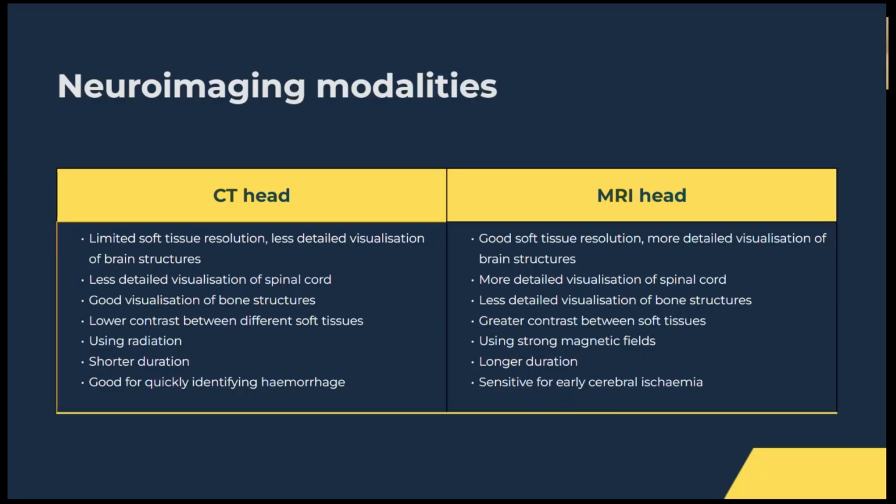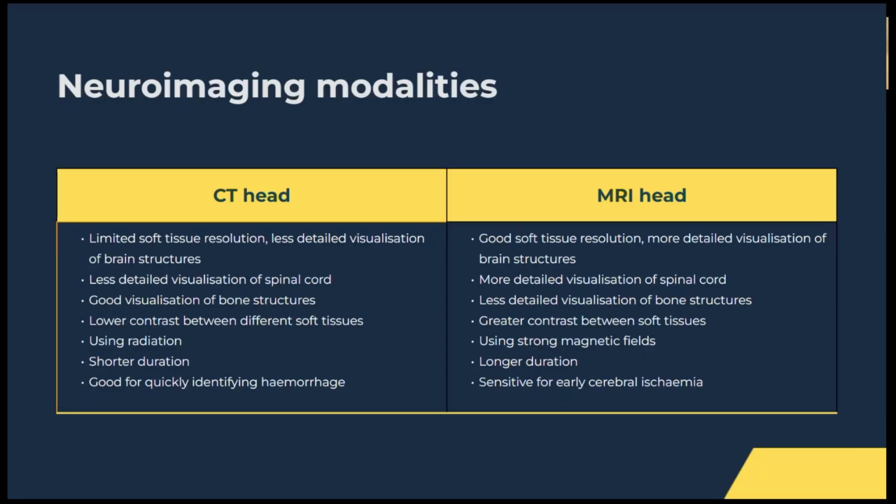So it's better for identifying normal and abnormal anatomy. CT also has less detailed visualization of the spinal cord for the same reason. The benefit of the CT is good visualization of bone structures versus the MRI.